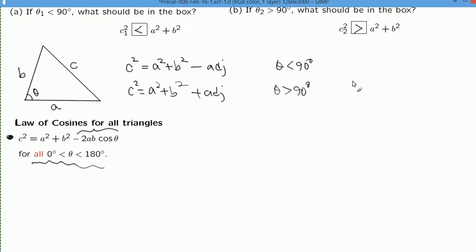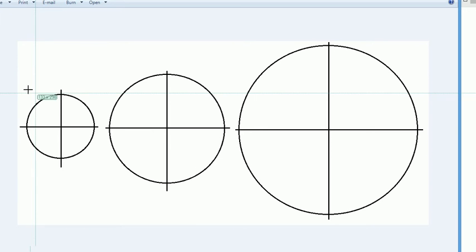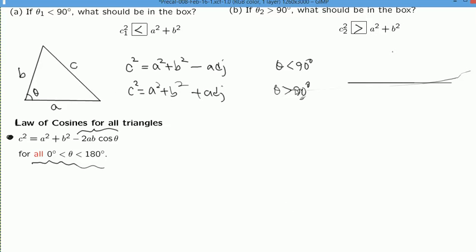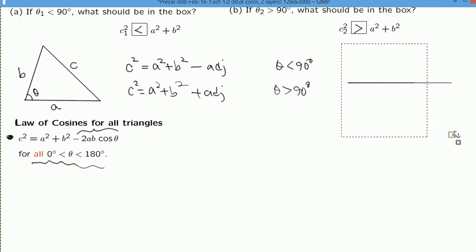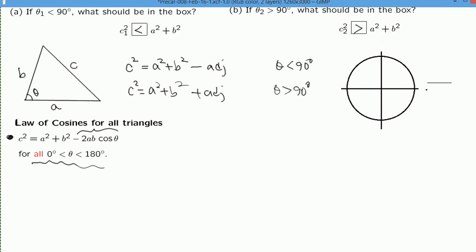Alright, let me explain what happened in different coordinates. If your angle theta is in the first quadrant, what is the sign of cosine theta? Is that positive or negative? This is a positive number, right?